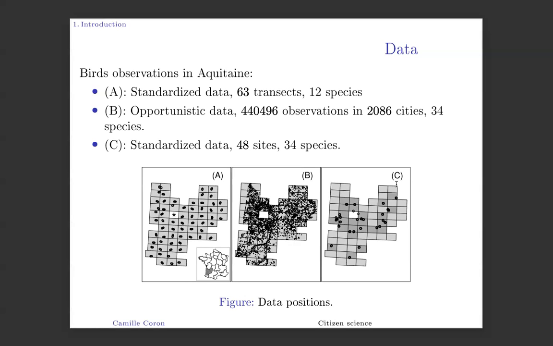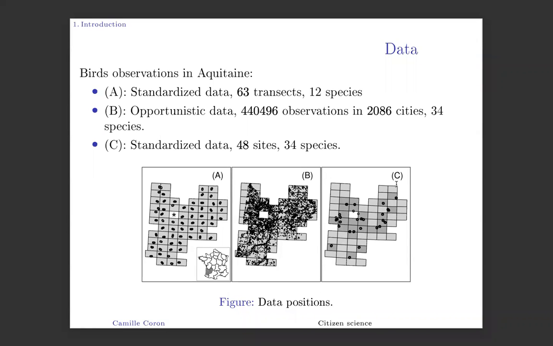The space Aquitaine is divided in 63 regions, and in each region 10 points were fixed and chosen, and a given observer had to go to each of these points, observe for 5 minutes and report the species of every bird that he or she observed or heard. There were only 12 species of interest for this data set. It's a professional data set.